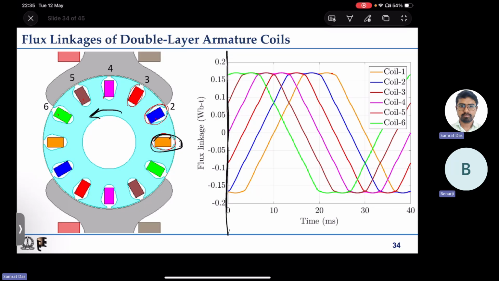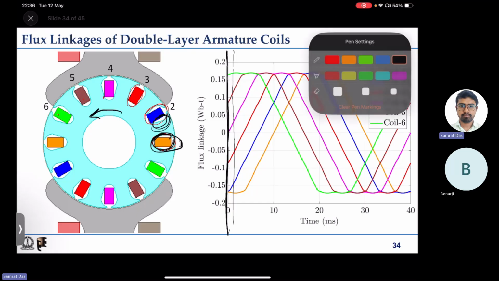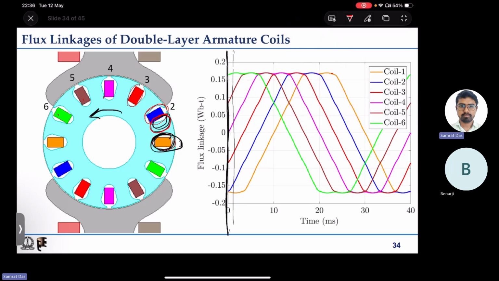After some time, when this coil 1 has come here, that will be indicated by the next instant. So when coil 1 is here, all the slots have moved by some angle.